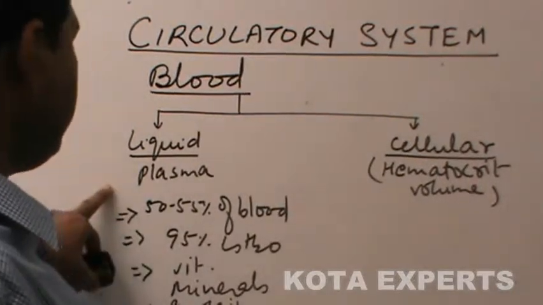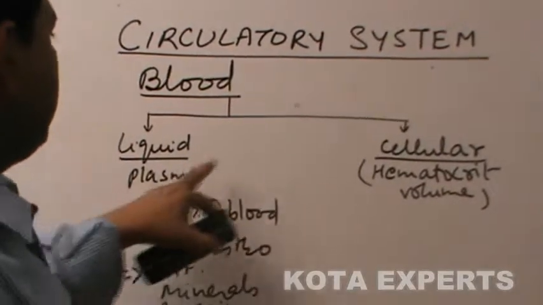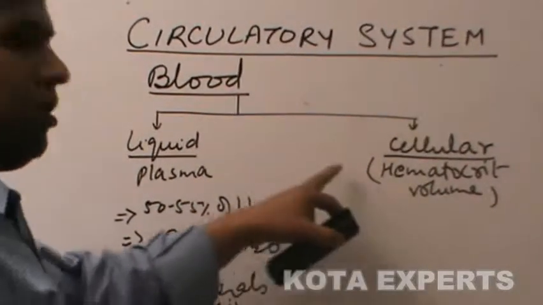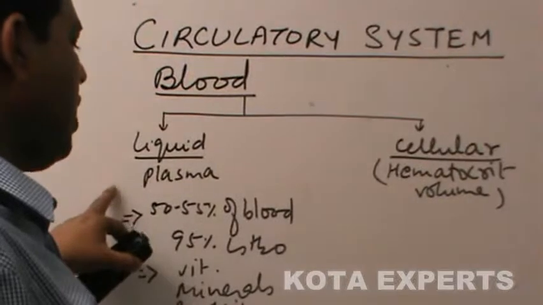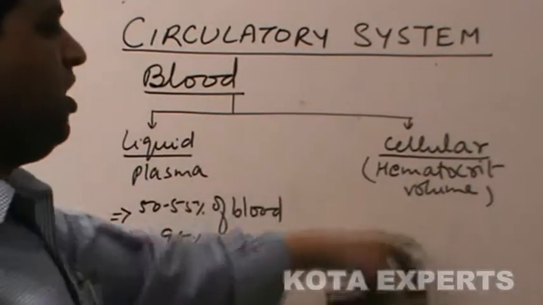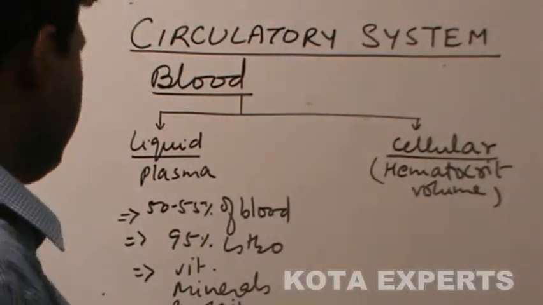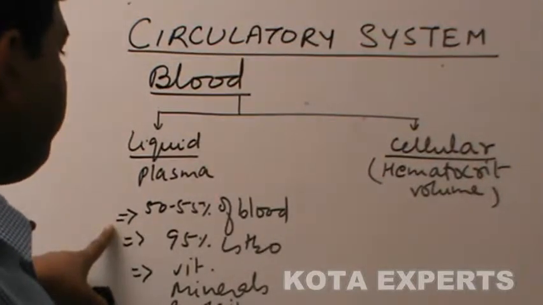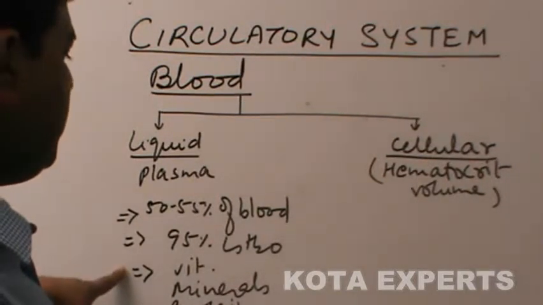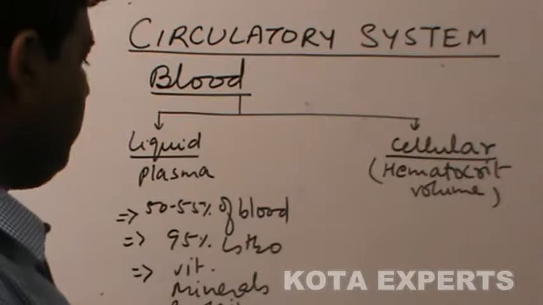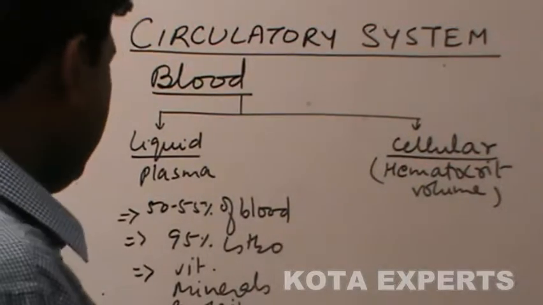So this part is plasma, that is the blood minus the cellular part, the liquid part in which the cellular component is mixed.